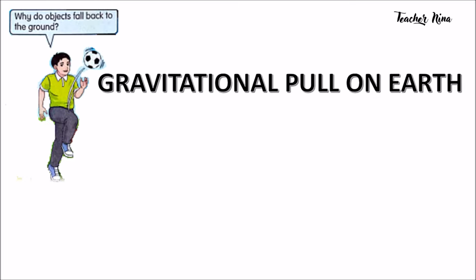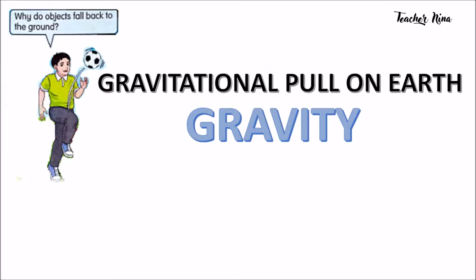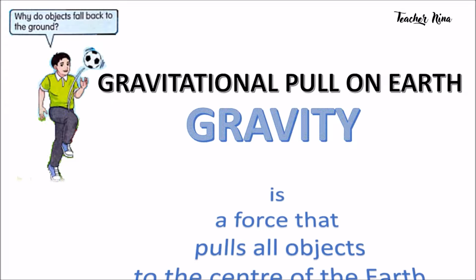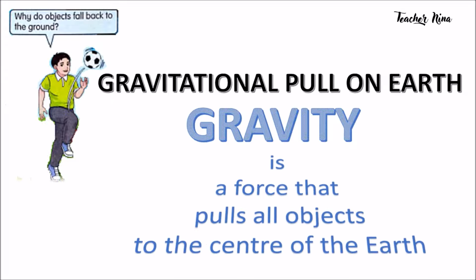Gravitational pull on Earth, or gravity, is a pulling force that pulls everything around us towards the center of the Earth. Gravity holds objects on Earth to the ground so that we will not float.